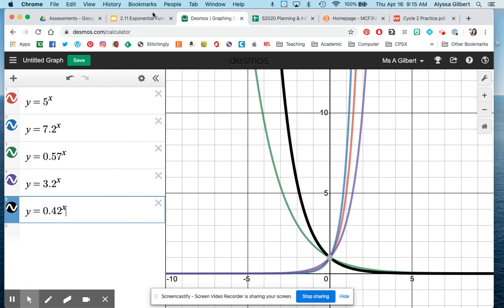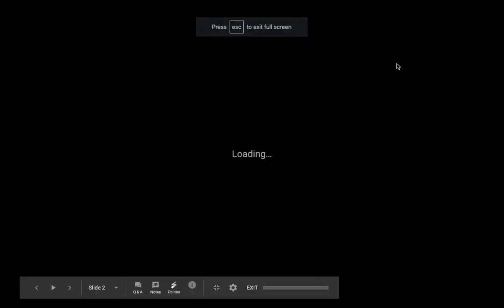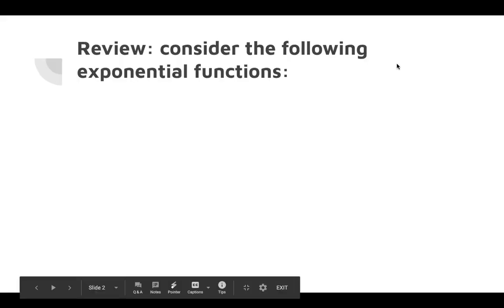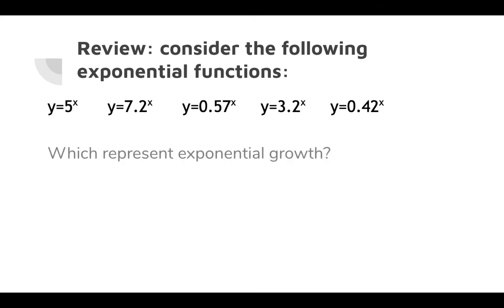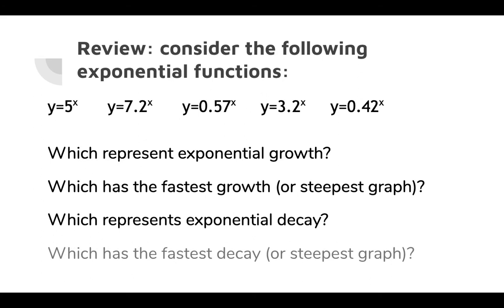So let's go back to here so you can get those answers again. If you want, while we're doing this, you can either write it down in a notebook or just be going through it on your own with your PowerPoint slides going as well. So again, exponential growth are those with the base, so the number is bigger than 1.